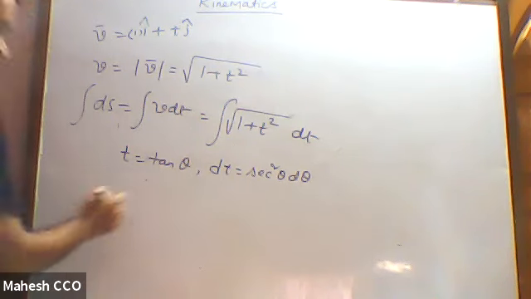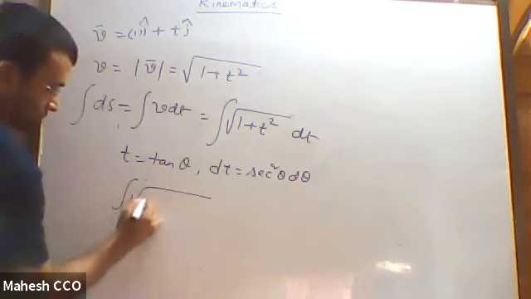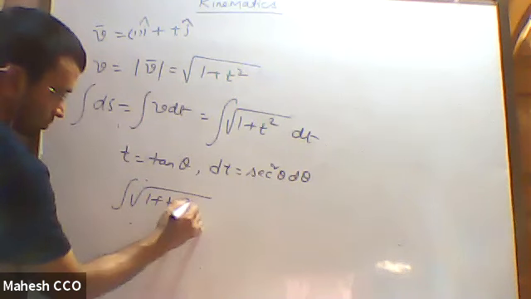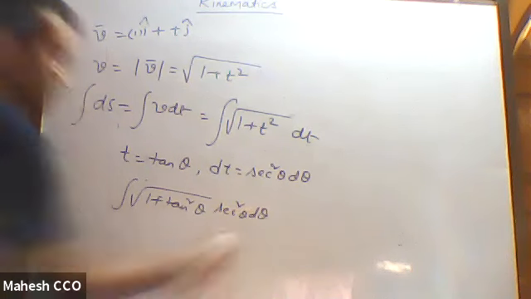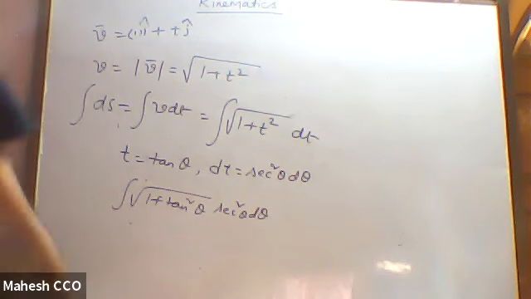Now substitute. So I have substituted t as tan theta. Then dt has come out to be secant square theta d theta. Overall, the integral will come out to be under root of 1 plus tan square theta, which is also secant square theta.